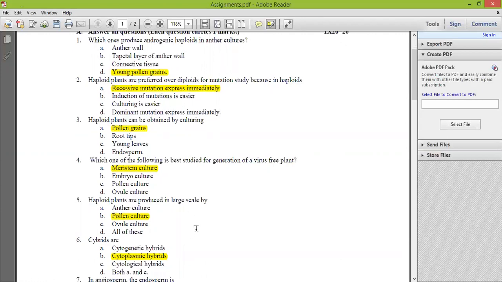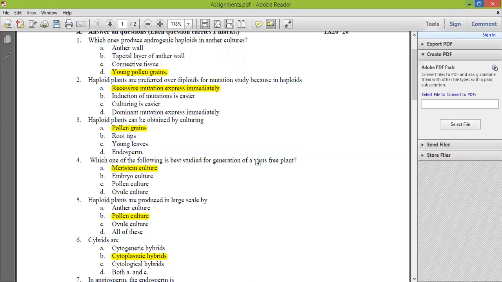In the fifth question, I asked how we can generate haploids on a large scale. Some of you gave the answer anther culture, but I mentioned that the number of pollen is much higher than the number of anthers in a plant. So to produce haploid plants on a large scale, you should go for pollen culture.